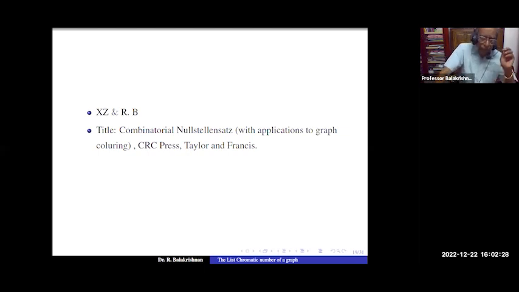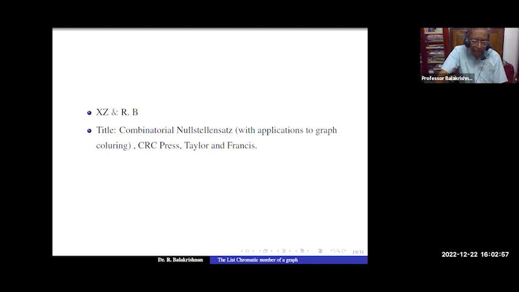His proof of the main theorem used Hilbert's Nullstellensatz, but a much simplified proof was given later, which just uses mathematical induction. No need to go for Hilbert's Nullstellensatz.